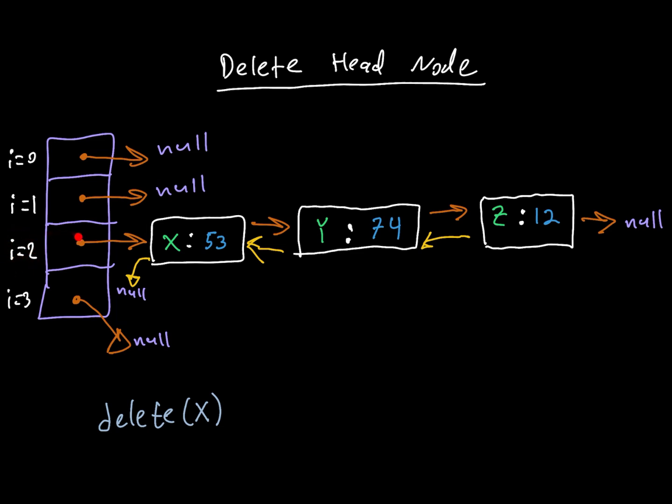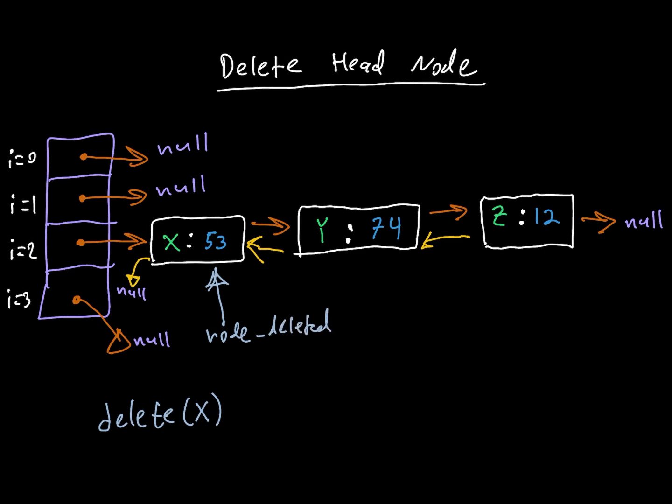Now that we're at the index, we would traverse the linked list to find the node with the associated key X, right? In this case, we would hit it over here. So we're going to keep a pointer right there, node to be deleted, right?